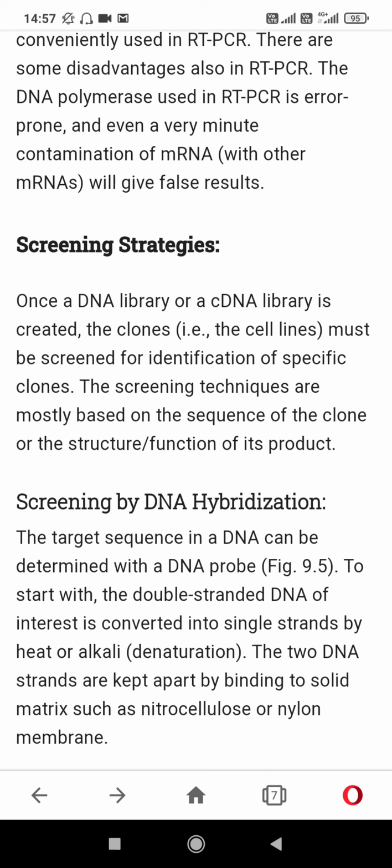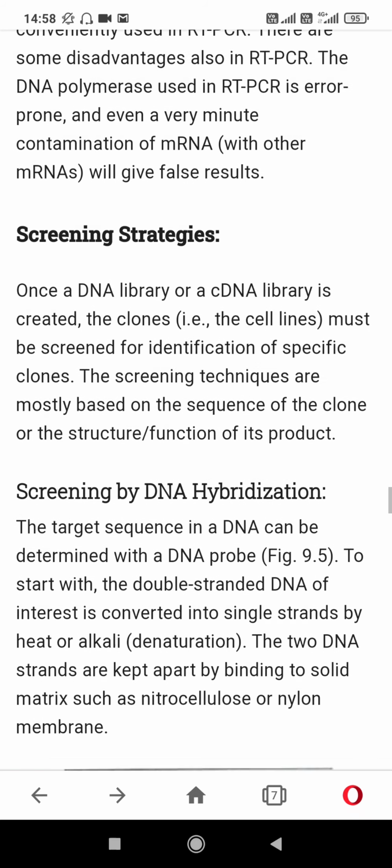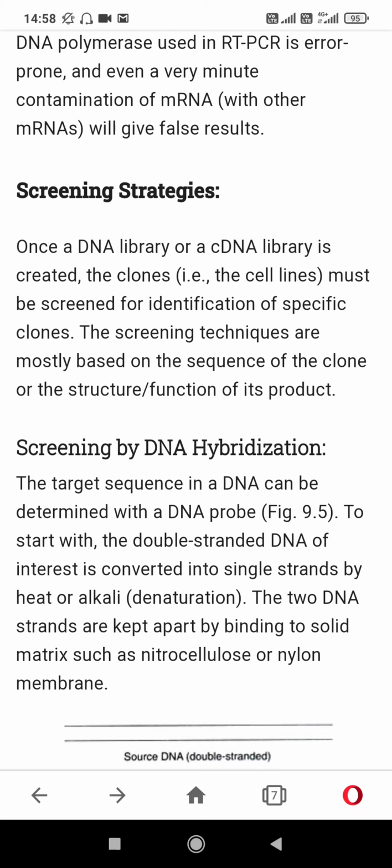Once a DNA library or a cDNA library is created, the clones, that is your cell lines, containing your desirable gene fragment must be screened for identification of specific clones. Where your specific desirable clones are, in the colony of cells, can be determined only by screening.